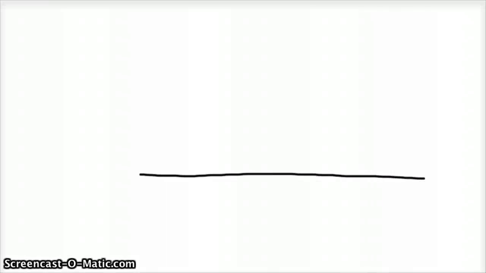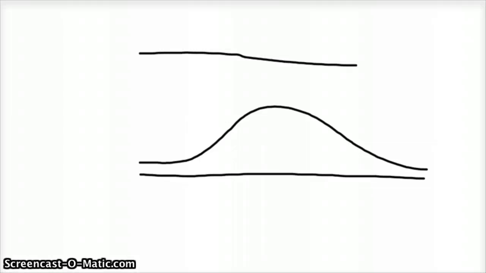You could have a standard deviation that's kind of low and spread out, and then you could have a standard deviation that looks like this. Maybe it's really close, high, comes back down. And so the difference here is you've got a greater standard deviation here.